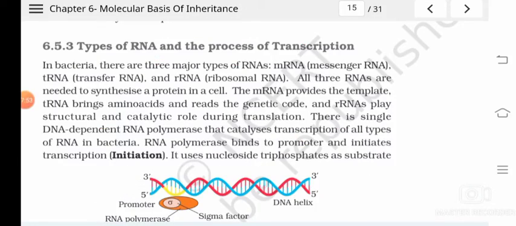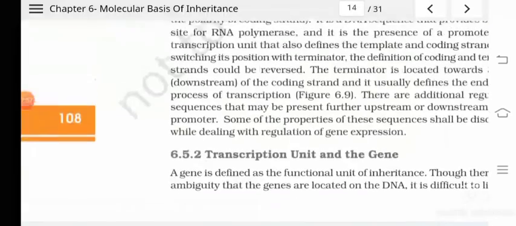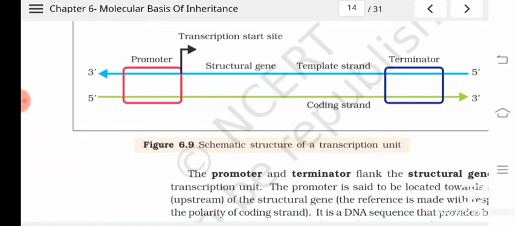Now let's study the process of transcription. I told you for transcription to take place, where does transcription take place? In the transcription unit. What are the parts of the transcription unit? A promoter site, a structural gene, and the terminator region.